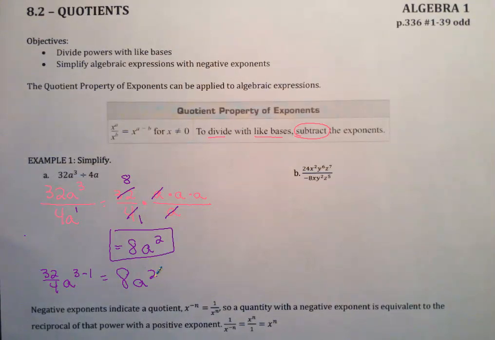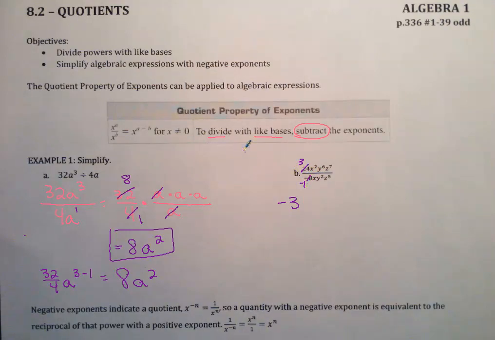Okay, so how about b? It's already written as a fraction, so we can go ahead and cancel. Do 24 and negative 8 cancel at all? Yeah, it'd be negative 3. Sorry, so there'd be 3 here and this would be 1, like the negative 1. So I just wrote that as negative 3.